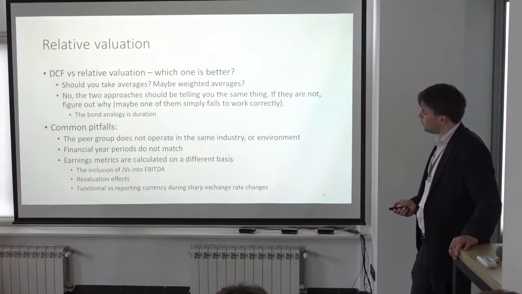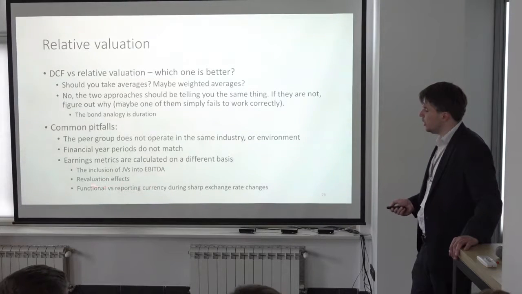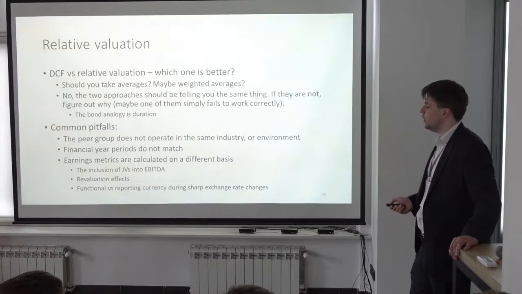And then this other thing, which is kind of difficult and really obvious, is that whenever you have a company where the functional currency is different from its reporting currency, for example, if you look at MHP, they report in dollars, but the functional currency is the hryvnia. What happens is when you have a lot of devaluation, your company is demonstrating basically carry EBITDA additions, which it wouldn't be having if the functional currency and the reporting currency were the same.